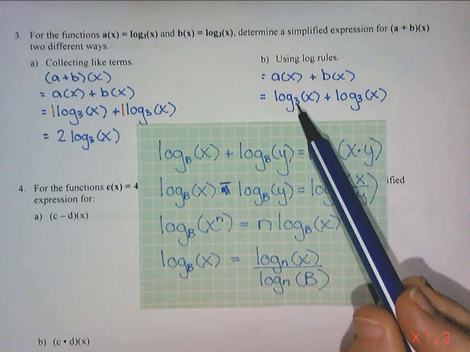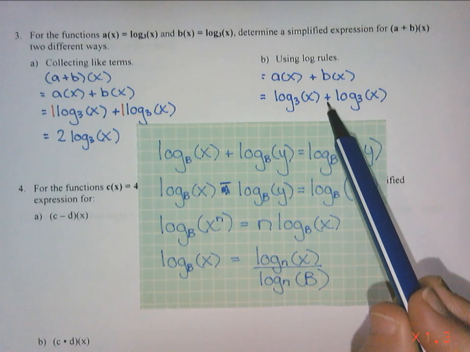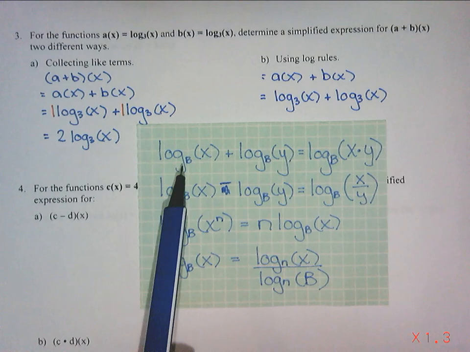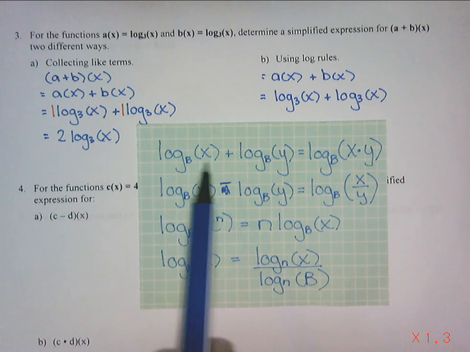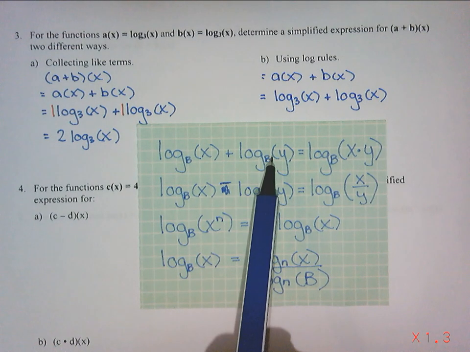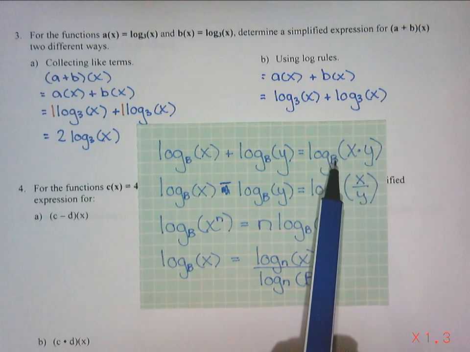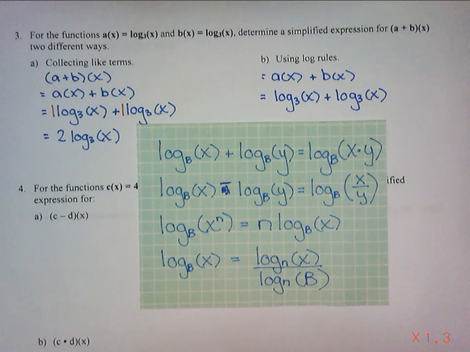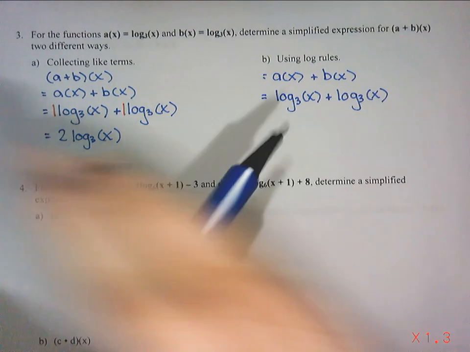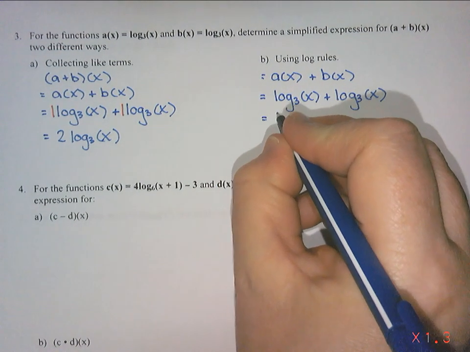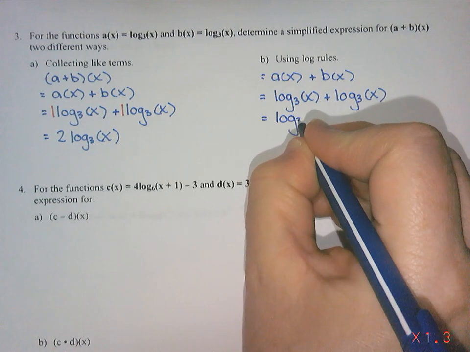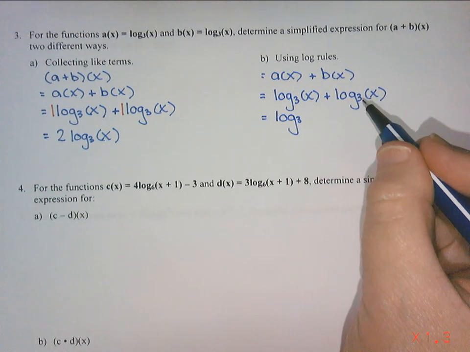I notice we have 2 logs being added that have the same base. So when I have 2 logs being added with the same base, we can combine them into a single function by multiplying their arguments. So I would do that: this is log base 3 of, and then I would multiply x times x.